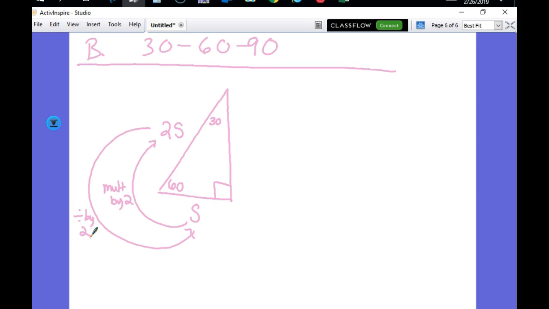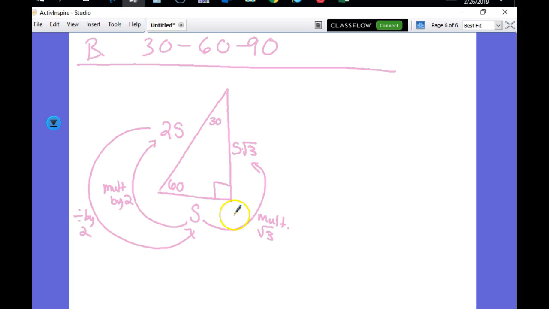All right. The long leg is interesting. If you know your short leg, all you have to do is take your short leg and multiply it by the square root of 3. Okay, so multiply by the square root of 3. And therefore, if you were working backwards, you would divide by the square root of 3.